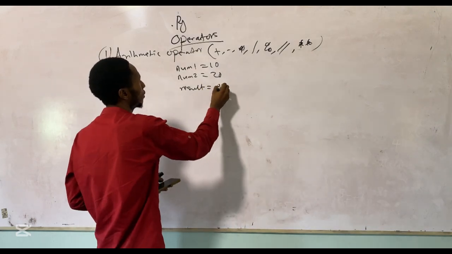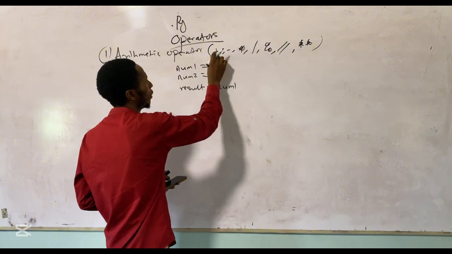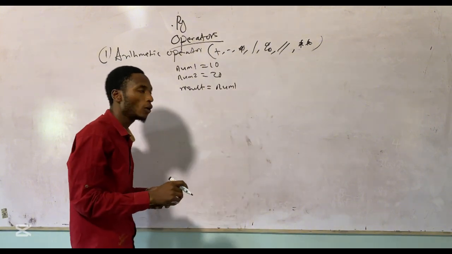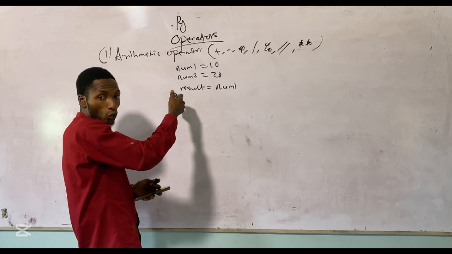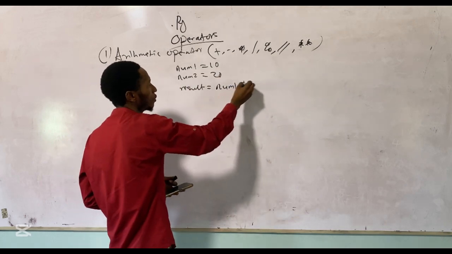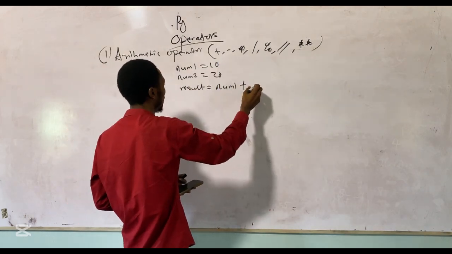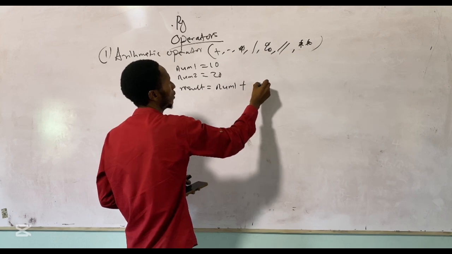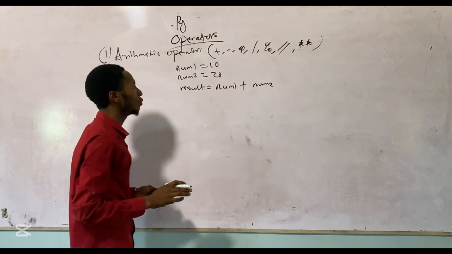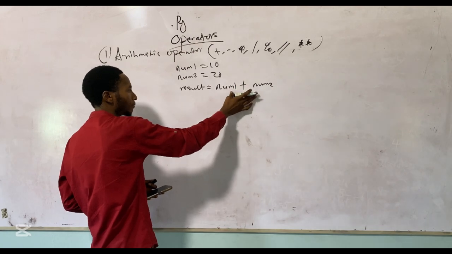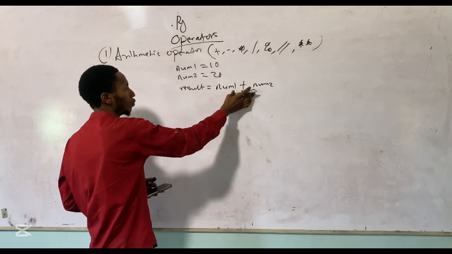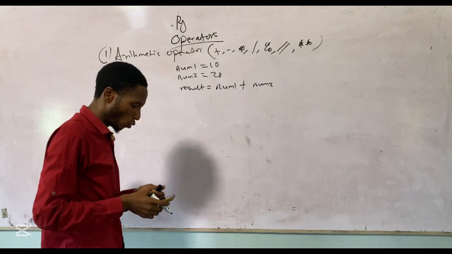This is how you will do it. Num1, then you now call one of your operators. In this case, you want to sum. If you want to sum, then you just put your addition with the second variable num2. Then the result will be stored in a variable called result.